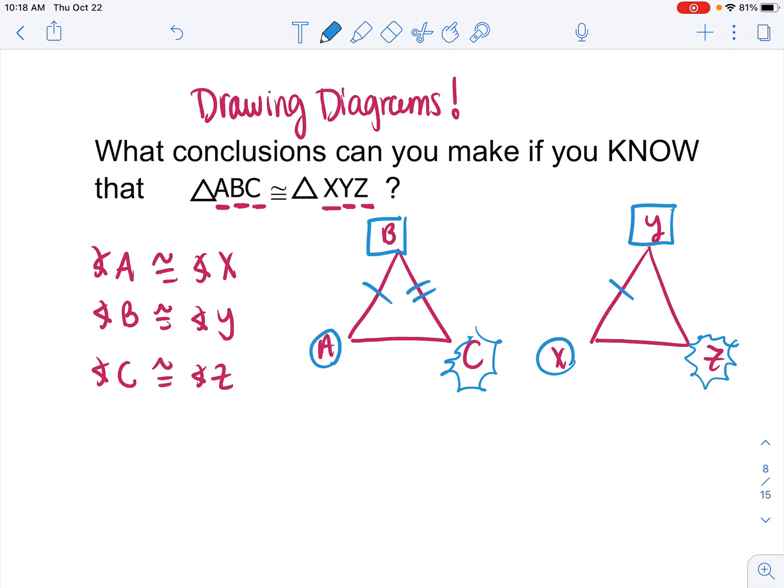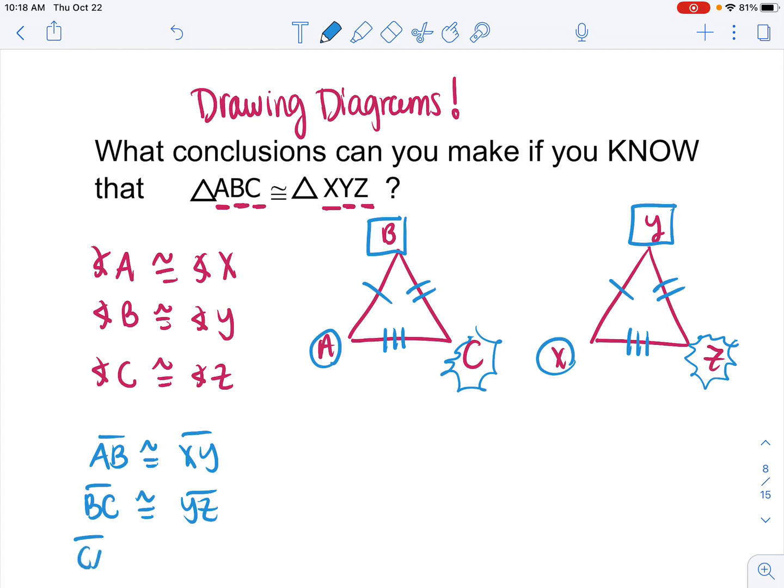Single tick mark, double tick mark, triple tick mark. So now we can name them. We say, segment AB is congruent to segment XY. Segment BC is congruent to segment YZ.